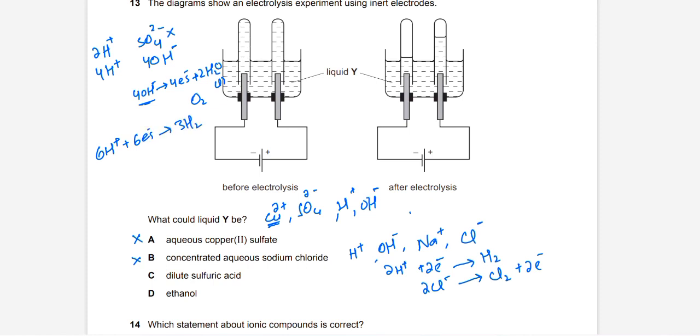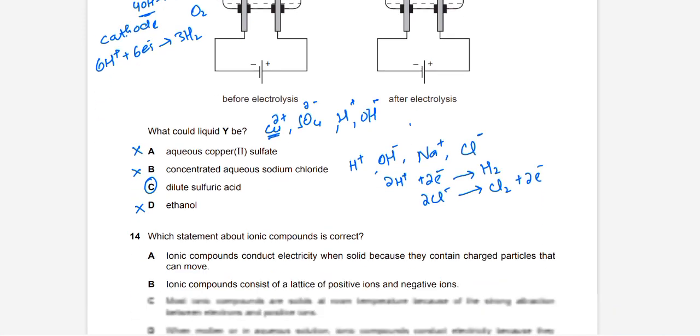So it means the hydrogen which is formed on the cathode will be greater in volume as compared to the oxygen formed on the anode. So here oxygen is formed, here hydrogen is formed. So H2SO4 is the option, and ethanol is not an electrolyte. This is the correct option.